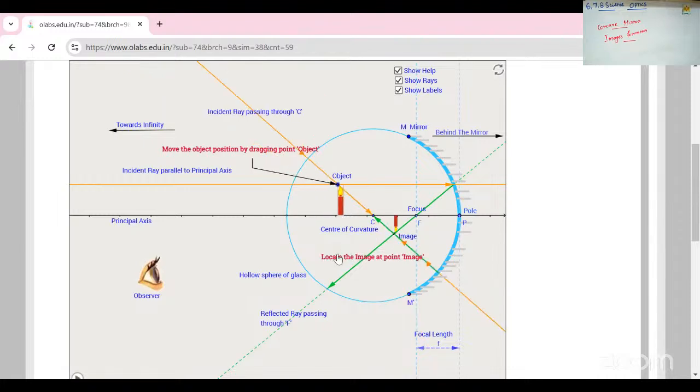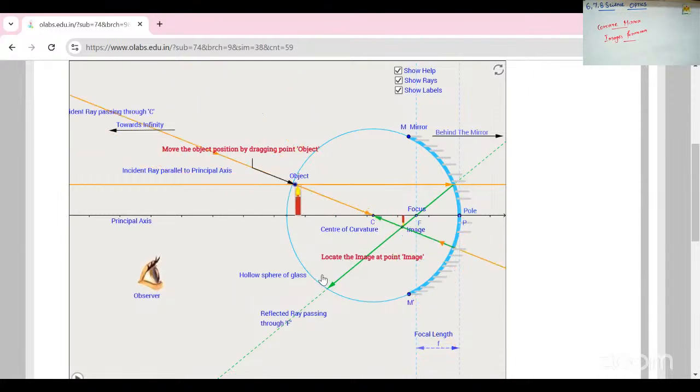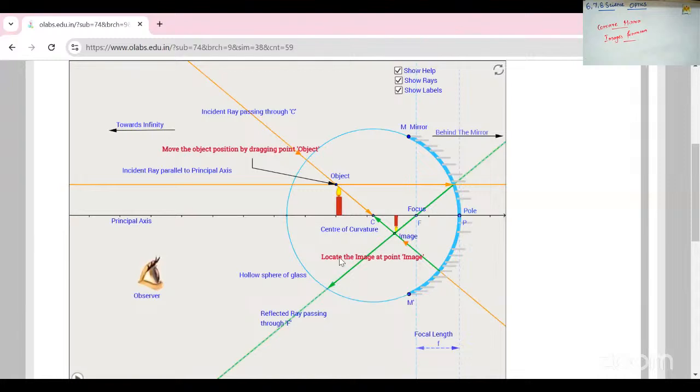Between C and F. So when we keep the object beyond C, the image is formed between C and F. The image is very small, not large. The nature of the image is real and inverted.